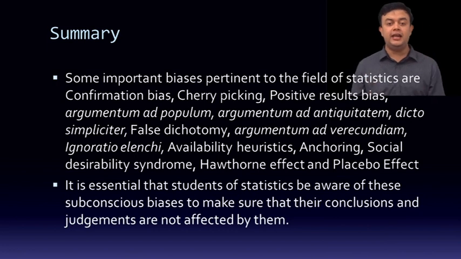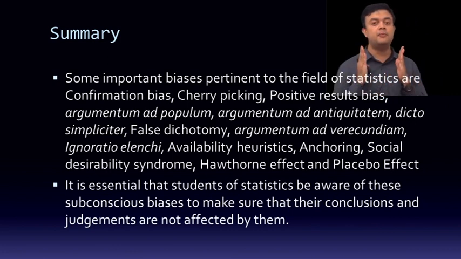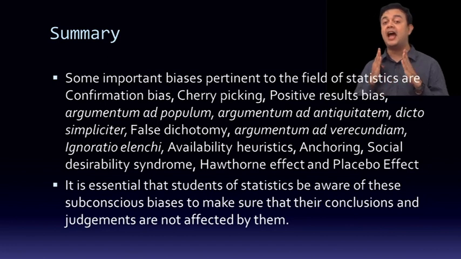So in summary, some important biases pertinent to the field of statistics are confirmation bias, cherry picking, positive results bias, argumentum ad populum, argumentum ad antiquitatem, dicto simpliciter, false dichotomy, argumentum ad verecundiam, ignoratio elenchi, availability heuristics, anchoring, social desirability syndrome, Hawthorne effect, placebo effect, and so on.